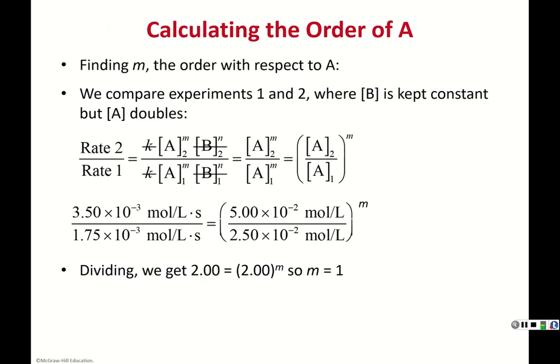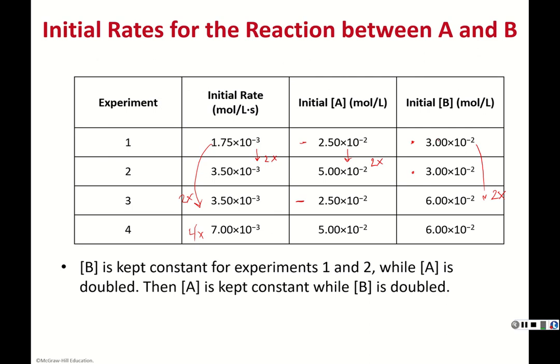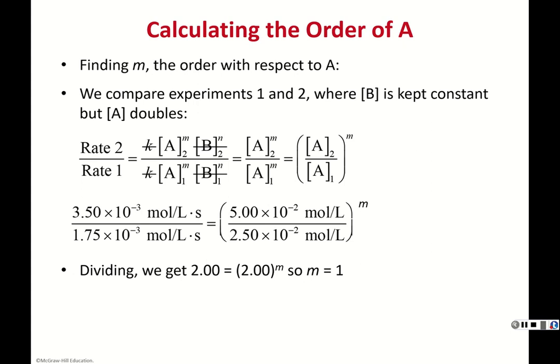So calculating those m and n values. If you compare experiments 1 and 2, where B is kept constant, the k's are going to be the same in both cases. The B's stay the same, so they cancel each other out. And you're just comparing rate 2 over rate 1, so the ratio. So k's cancel out, B's cancel out.